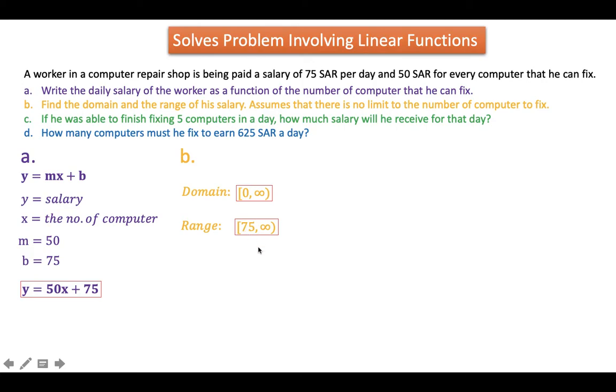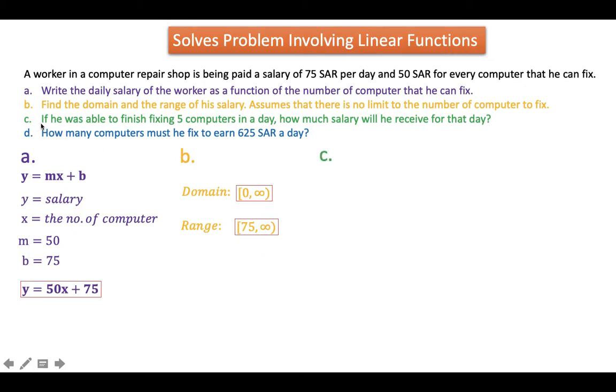And how much is the maximum amount of salary that he can receive? It can be positive infinity. So notice that we use a square bracket and a curved bracket on the right side. This square bracket says that this 0 is included. Okay.